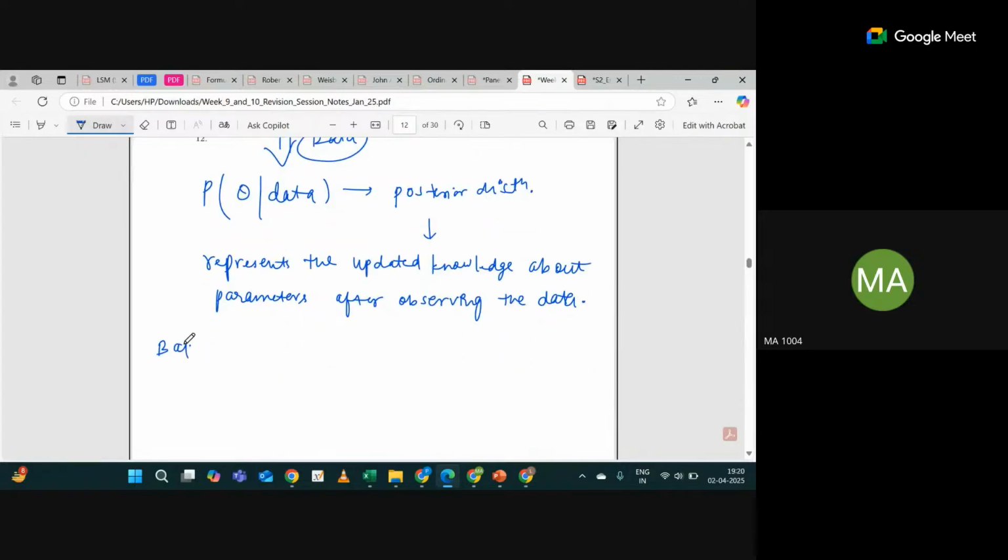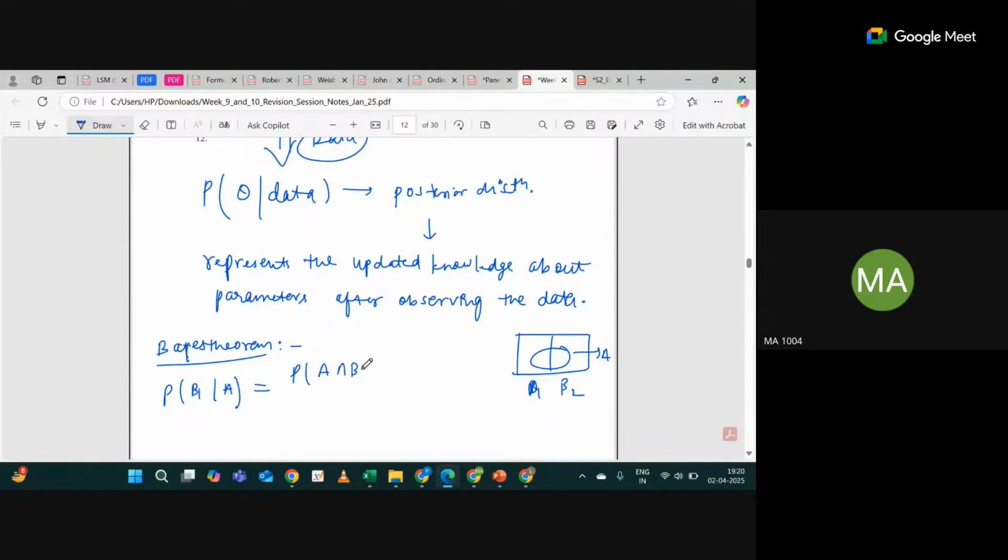Maybe you have seen this Bayes theorem. So what is Bayes theorem? Suppose you have two events, let's say B1 and B2, and there is one event called A. If I ask what is the probability that A has occurred and it's in B1, then what can you write?